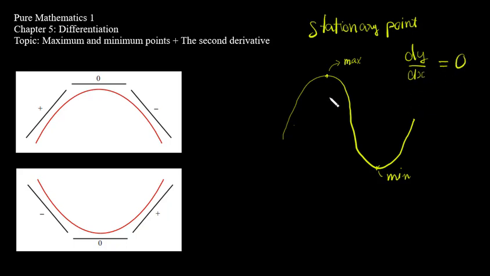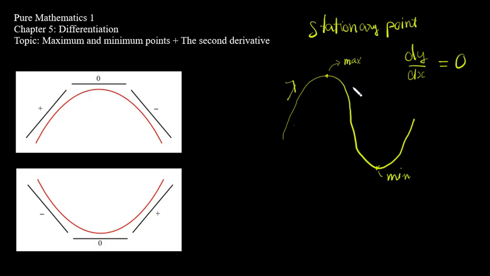So in order to identify whether a point is a maximum or minimum point, we would find dy over dx. If dy over dx equals 0, that point can be either a maximum point or a minimum point. You can look at these two graphs. In the first one, before the maximum point there is a positive gradient, and at the maximum point the gradient equals 0.